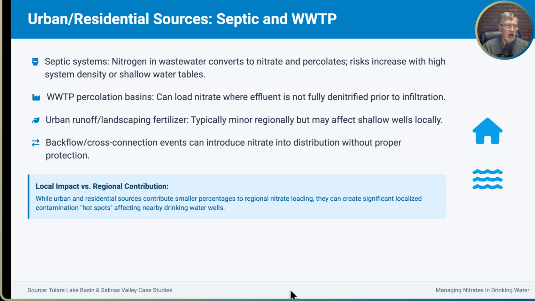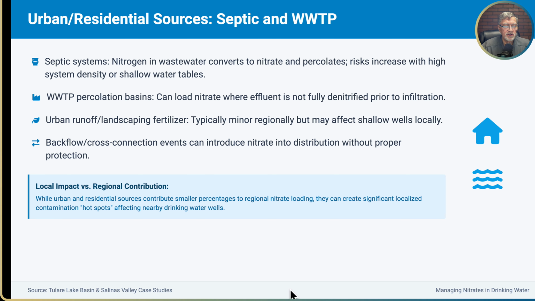So wastewater treatment plant percolation basins can load nitrate where effluent is not fully denitrified prior to infiltration. Urban runoff and landscaping fertilizer is typically going to be pretty minor, but it may affect shallow wells locally. So it can still be a contributor, and probably rarely anymore.